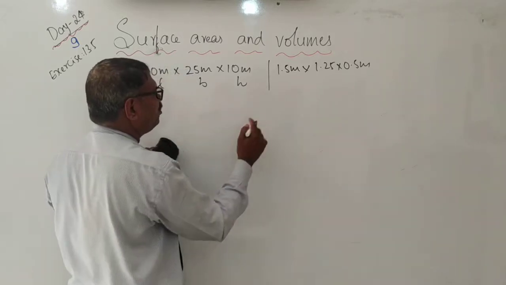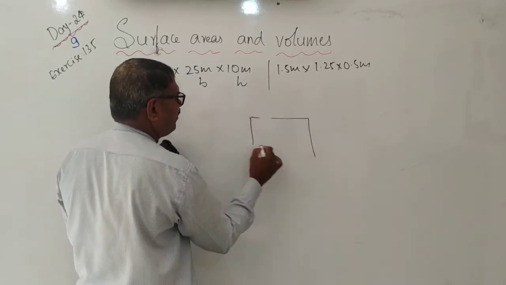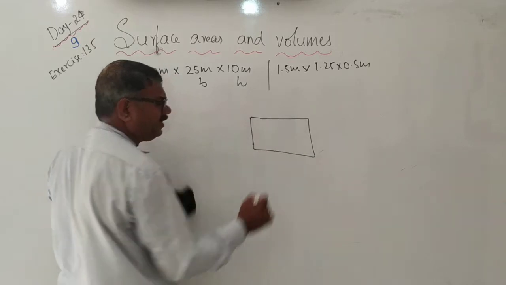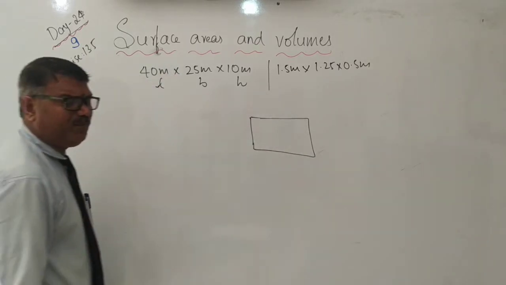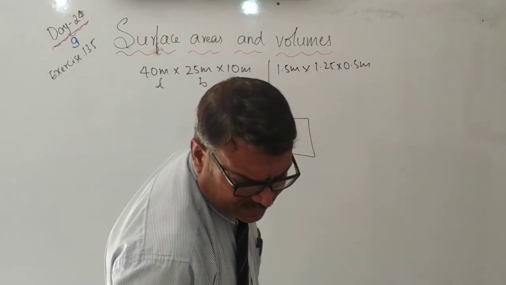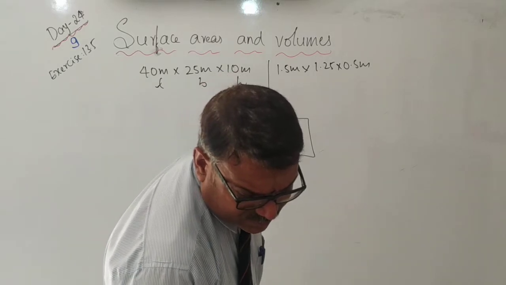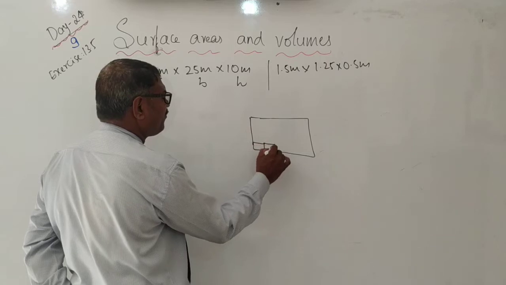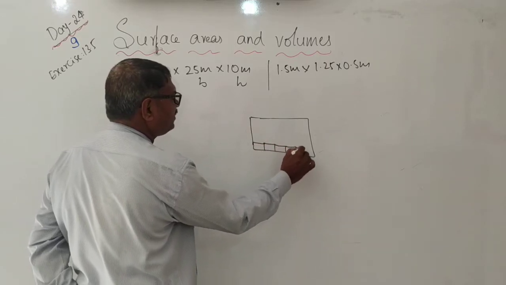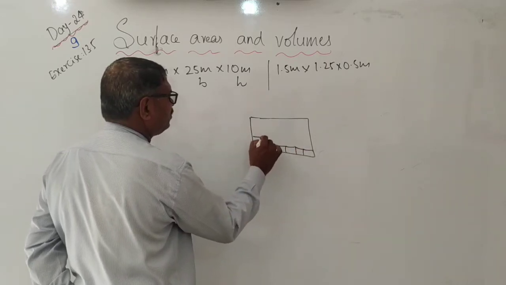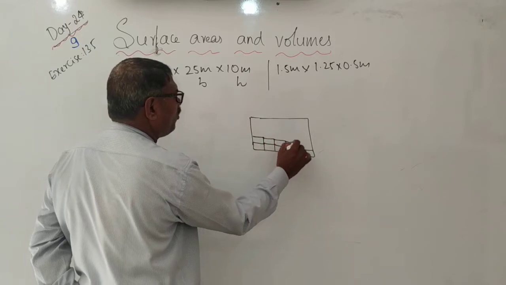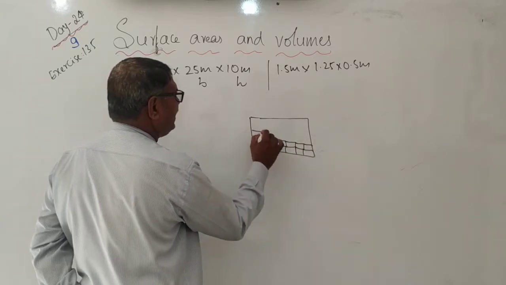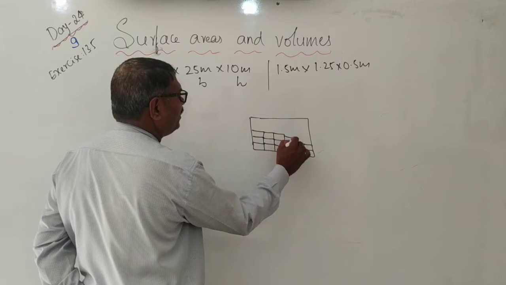For example, this is a godown. In this, we are keeping some crates. Crates are in the form of cuboids, like this, like this, like this. So, how many cuboids can we keep in this room?